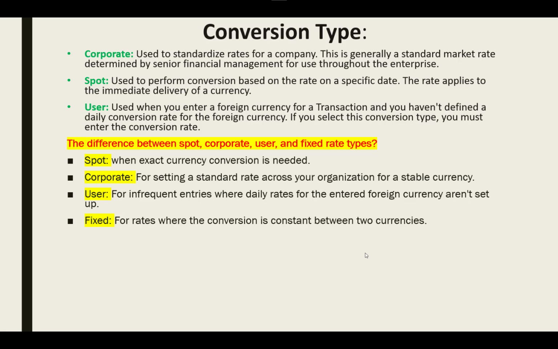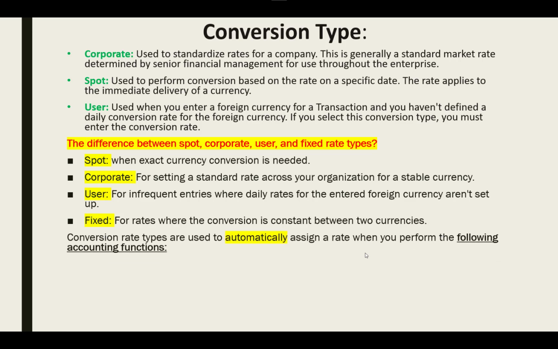As I told you before, 1 month, 2 months, 1 year or whatever, it's stable. User gives the users the responsibility to enter the rate when making the transaction. Fixed is for rates where the conversion is constant between two currencies. It's a constant.